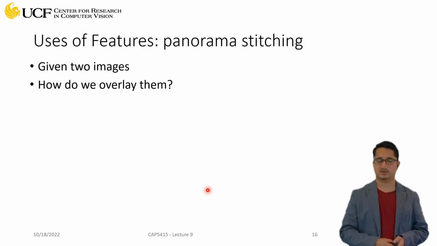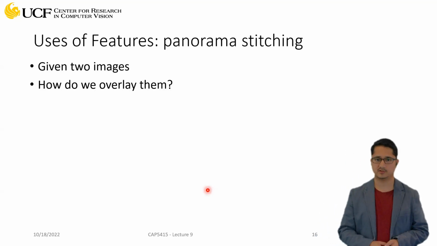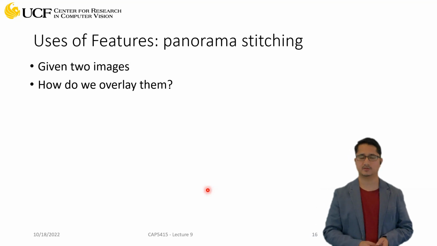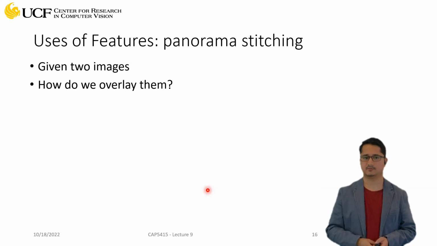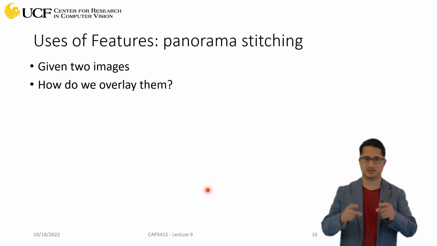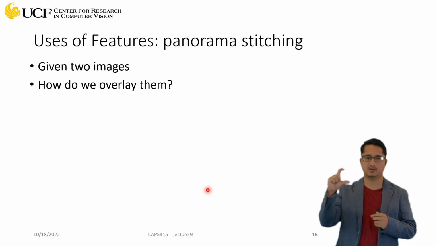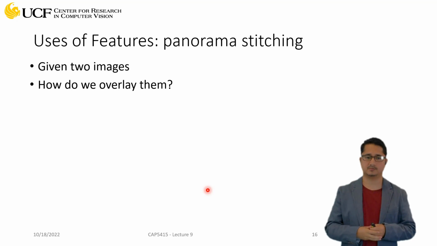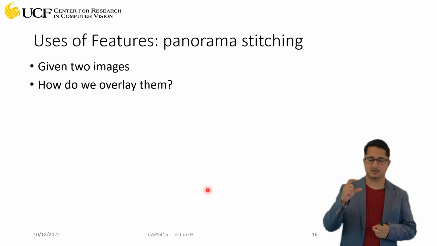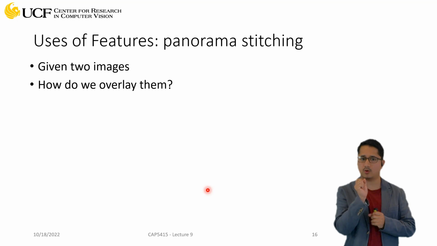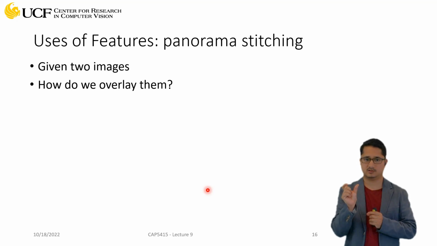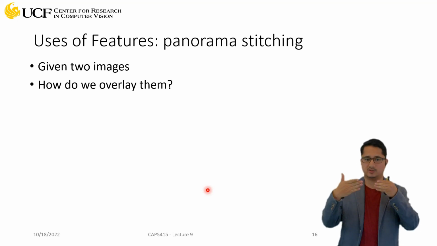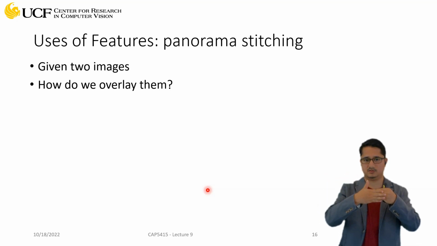The other interesting application is panorama stitching, and I think most of you might have this in your camera itself. When you are capturing a panorama, the application asks you to move your phone, right? But what's happening behind the scenes is the camera is capturing all those images in sequence, and then trying to match those images on top of each other.